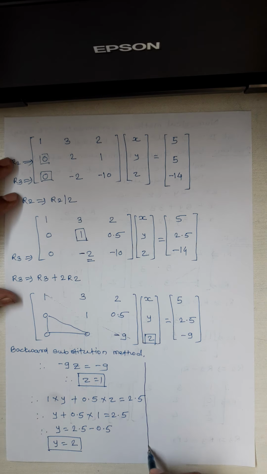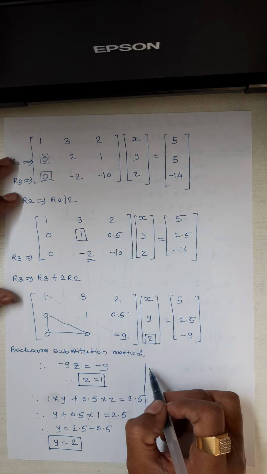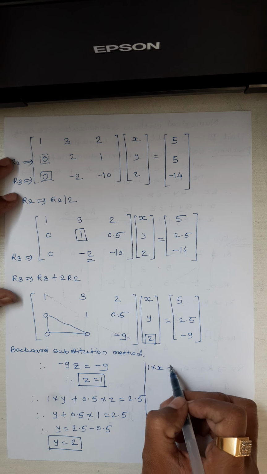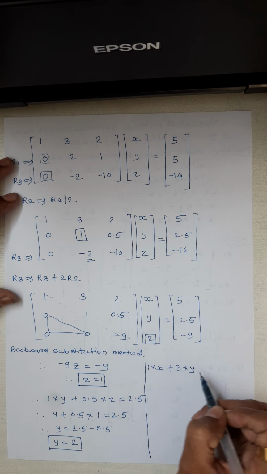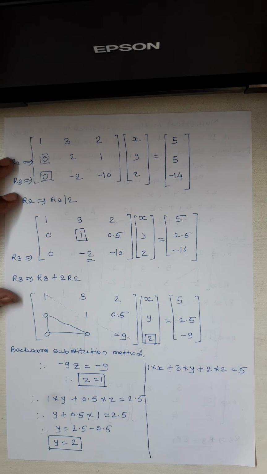And last, x. How to find x? 1 into x plus 3 into y plus 2 into z is equal to 5.